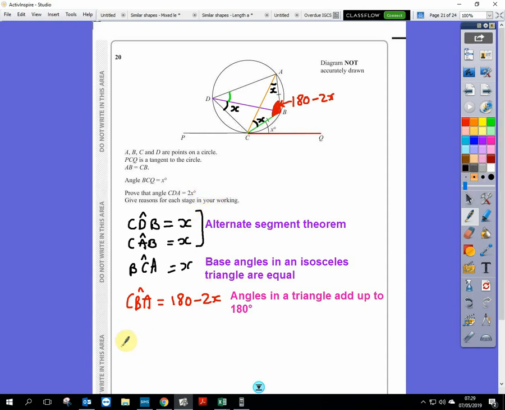We have something like this: x plus angle BDA, which is the one I've marked in green, plus 180 minus 2x. So these two should add together to give 180.